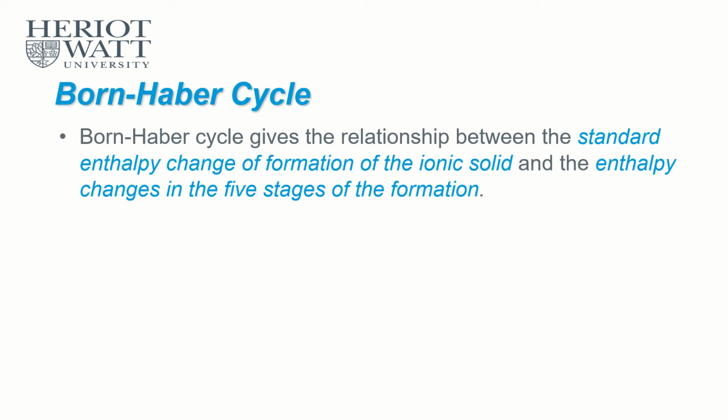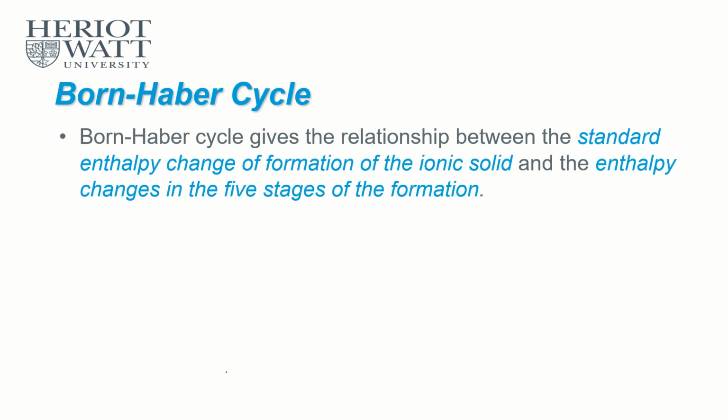So Born-Haber cycle gives the relationship between enthalpy change of formation, like I said, forming 1 mole of ionic solid, and also the enthalpy changes in 5 stages of the formation. So what are the 5 stages of formation? If I give you a formation equation, let's say I want to form 1 mole of sodium chloride.